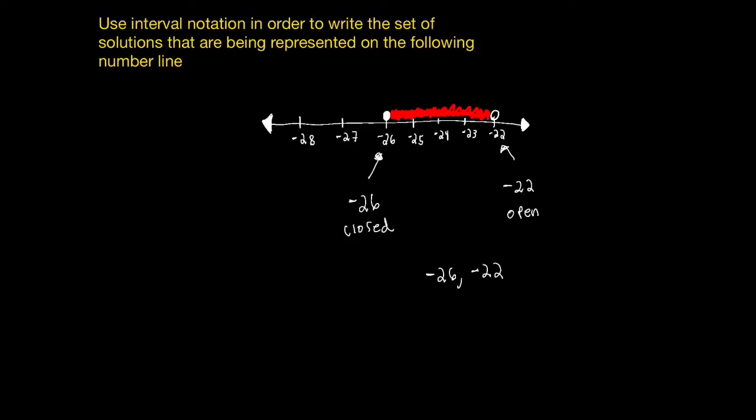And we have open on the right, so we have a parentheses. And we have closed on the left, so I'm going to have to use a bracket here. And that is my set of solutions represented in interval notation. So practice these, try them out, and then I'll explain a little bit more explicitly on what these symbols mean.